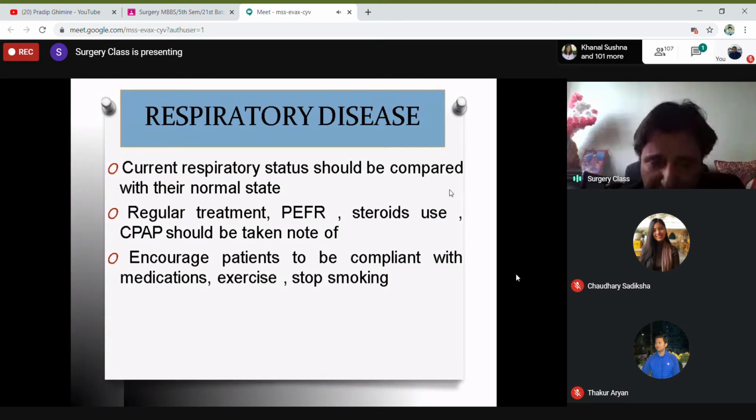Okay, and usually for a patient with any respiratory problems, you have to ask the patient to stop smoking and do exercise, and there is something called a respirometer, which is used for training the patients. You'll see it in the ward.